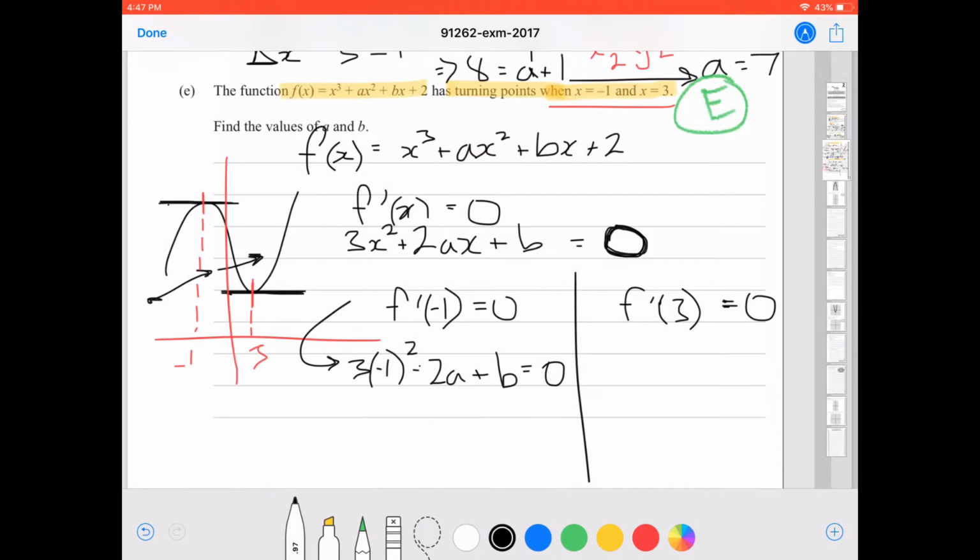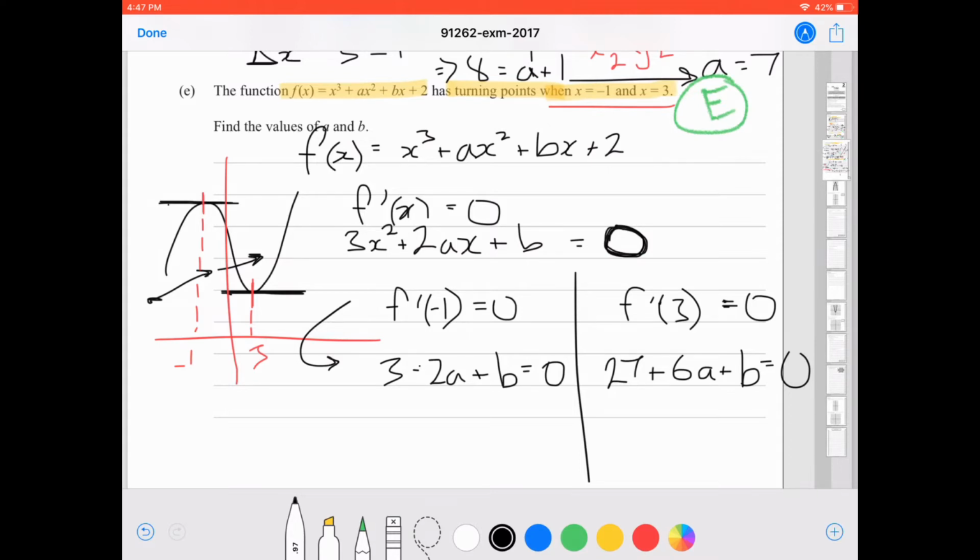And f dash of 3 equals 0: 3 squared is 9, 9 times 3 is 27, so 27 plus 6a plus b equals 0. I hope this makes sense. We've just skipped a few steps in terms of substituting the 3 and then simplifying. And for our first equation, let's just tidy this up straight away. -1 squared is +1, so it's just +3. Okay, so we've got our two equations.